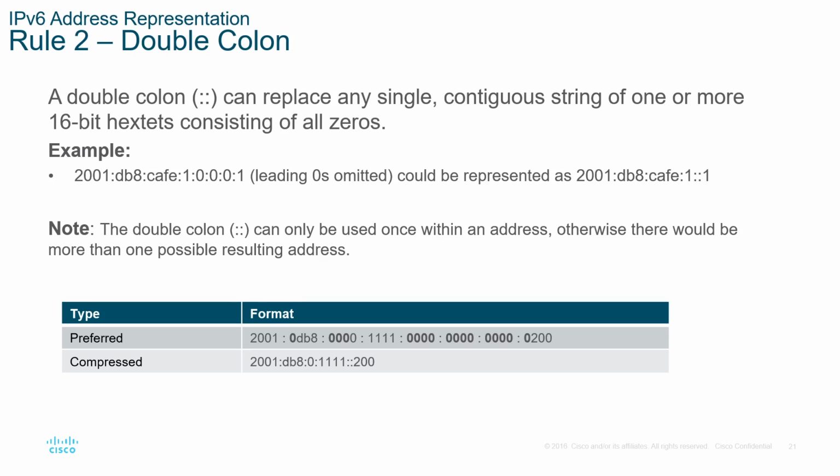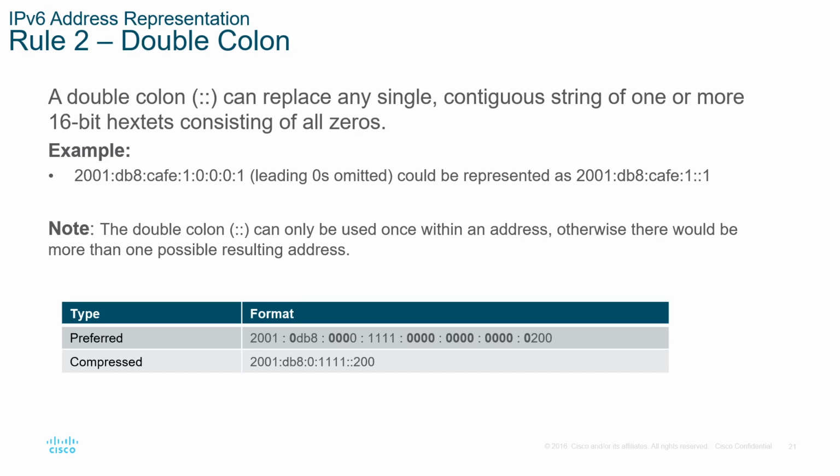So I know I got 1 that's a 0, which is what we have here. Now you wouldn't want to do that because you have more 4-zero groups further down the list, right? So we want to put the double colon right there in front of the 200. And then I can count this up. 1, 2, 3, 4, 5. So I know that there's got to be 8 total. So I'm missing 3 hextets of 0.